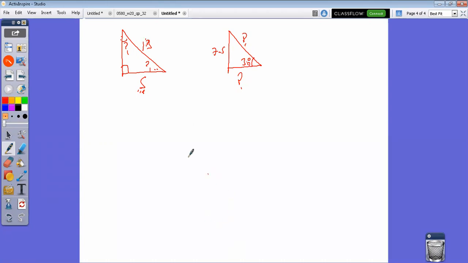Application. Now let's look at certain properties of a right angle triangle that we need to know before we apply what we are talking about. So if we have a right angle triangle like this, and I have an angle here, this side is the longest side. What do you call that side? We talked about it.